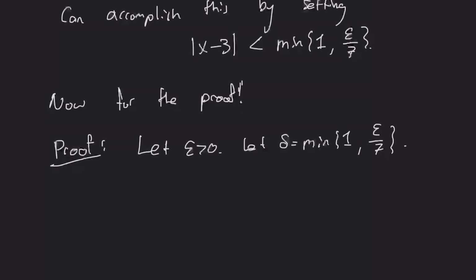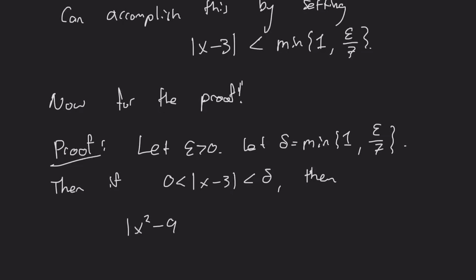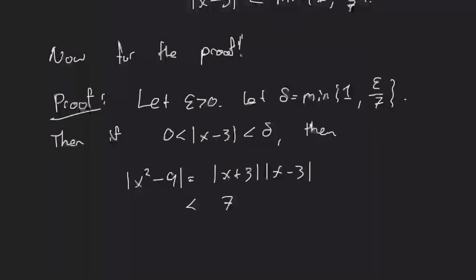Okay, then if the absolute value of x minus 3 is greater than 0 and less than delta, then x squared minus 9 can be factored as x plus 3 times x minus 3 in absolute values. That's less than 7 times the absolute value of x minus 3.